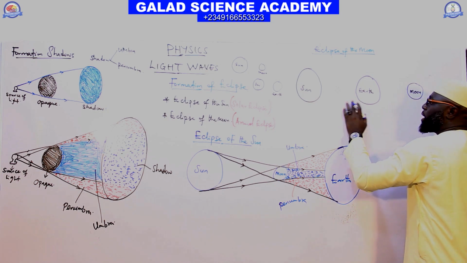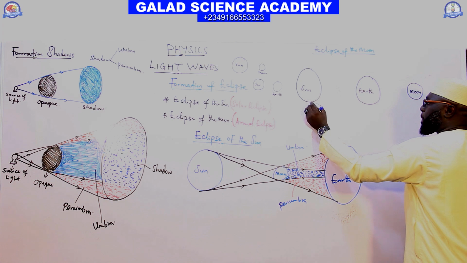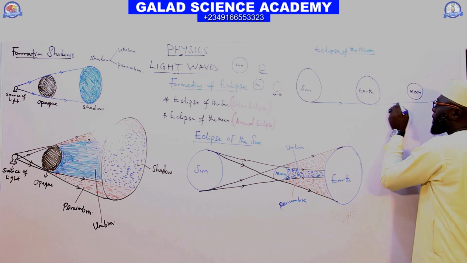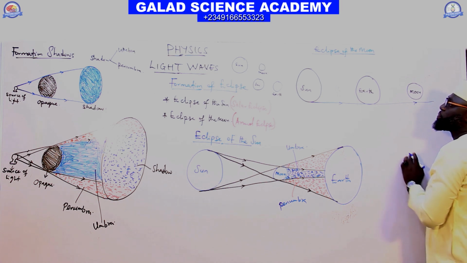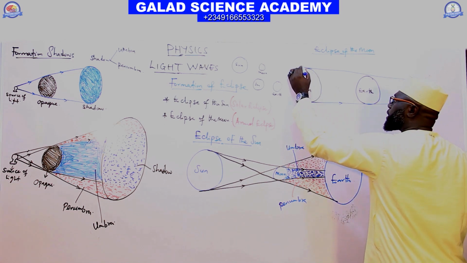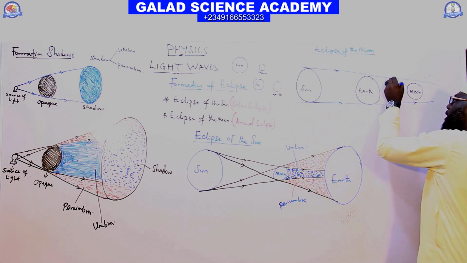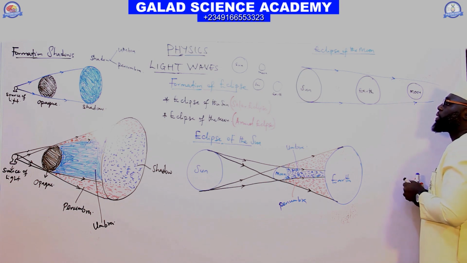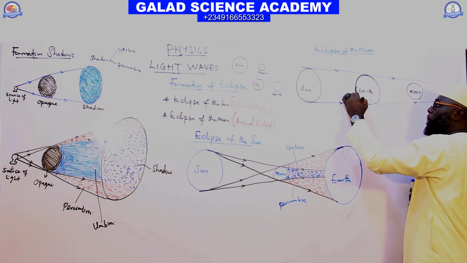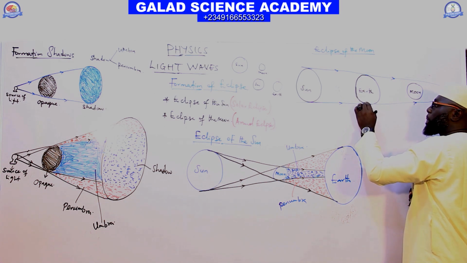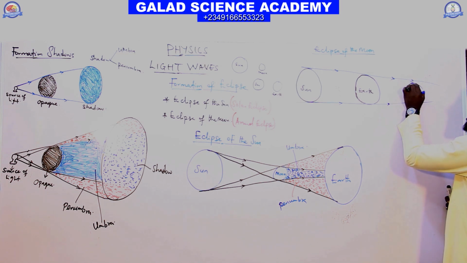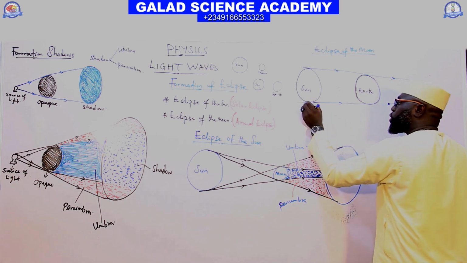Let us look at the diagram. And the second one here too, it passes through like this, and the third one will come like this.